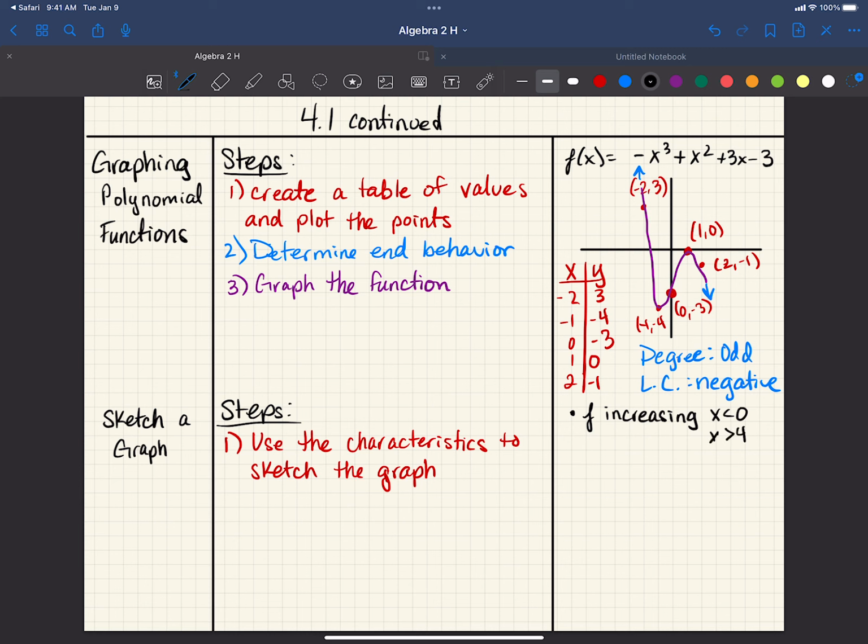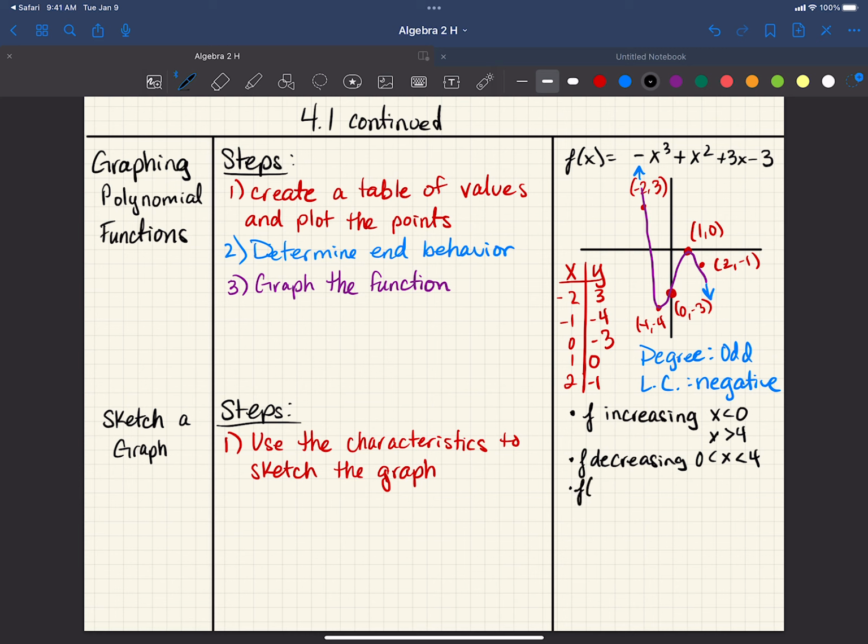Okay, so I need to keep that on my mind. Then f is decreasing when x actually lies between 0 and 4. So greater than 0, less than 4, that is when it is decreasing.